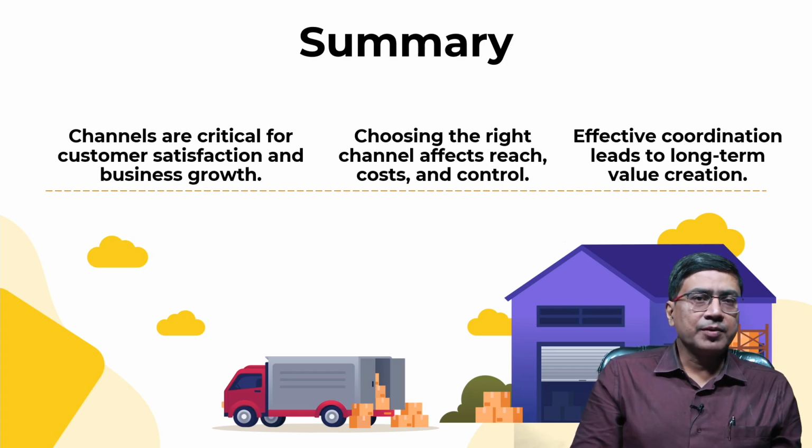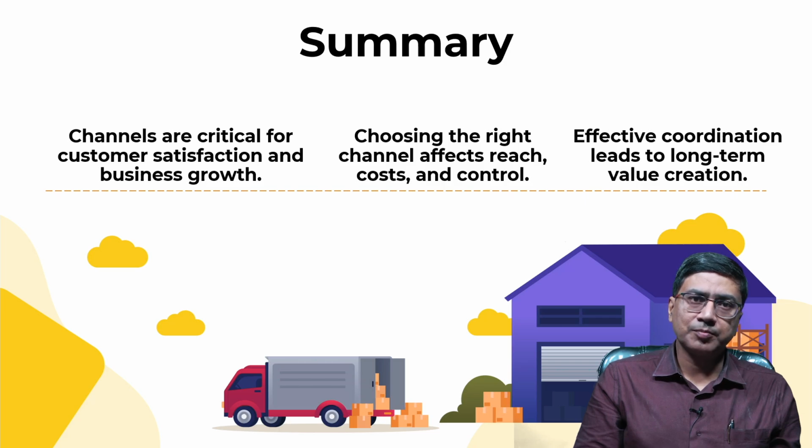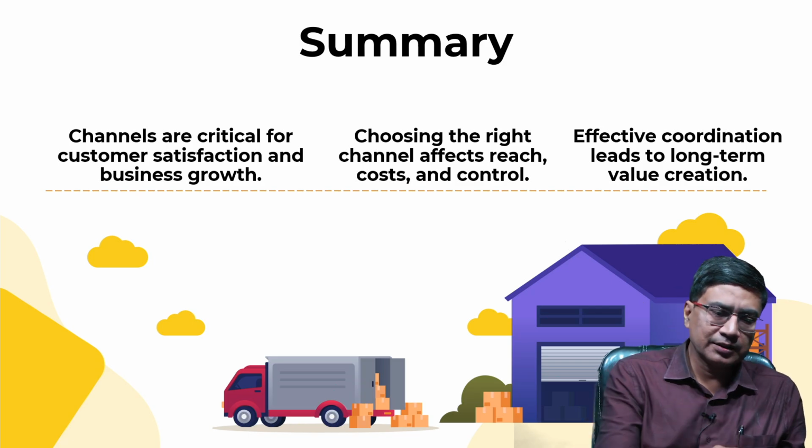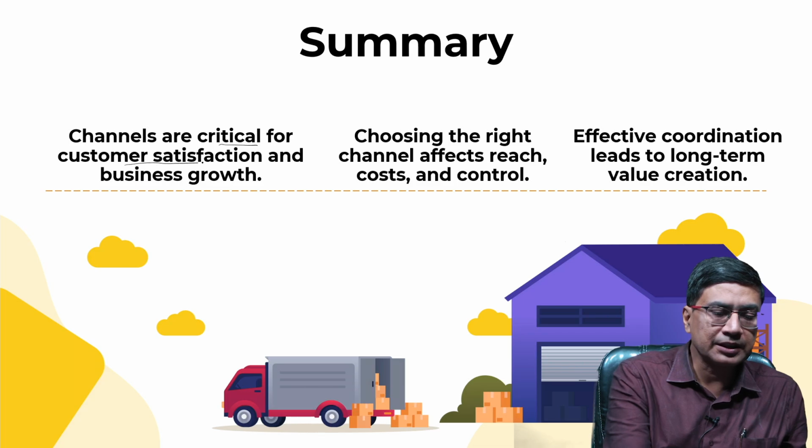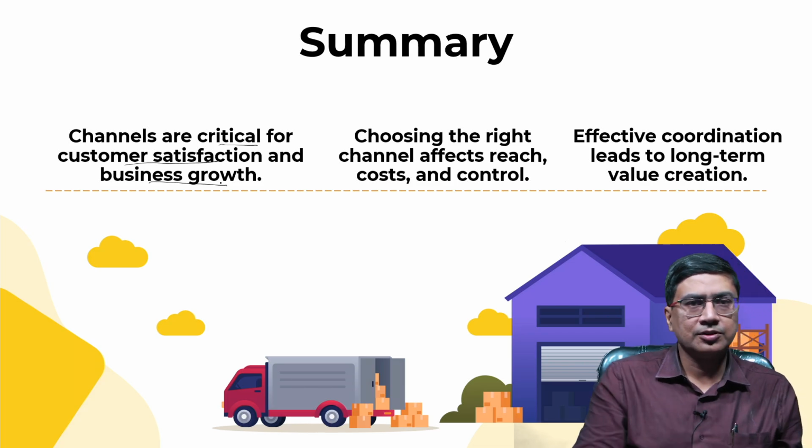Now, what's the summary? What is the overall understanding of this first lecture on distribution channels or value network? The first thing: channels are critical for customer satisfaction and business growth. Don't you think it's a reality?